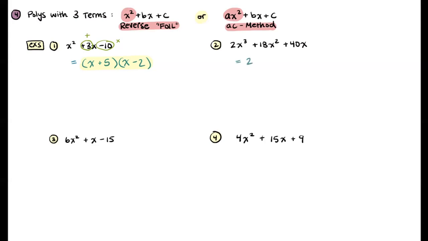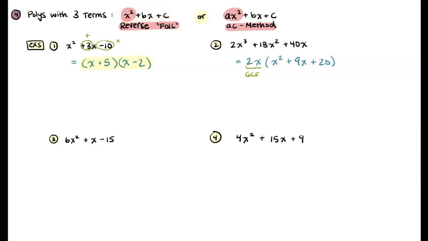Okay, so we could take out a 2, and we can take out an x to the first power, I believe. So here's a GCF. What we have left over then is x squared plus 9x plus 20. So now here we have a lovely quadratic that fits this form.